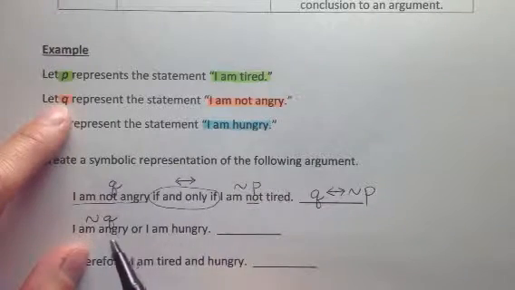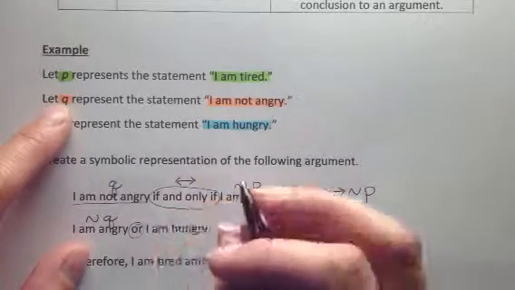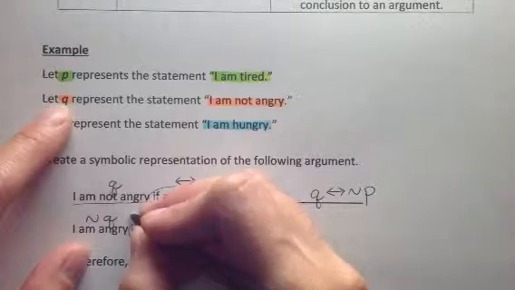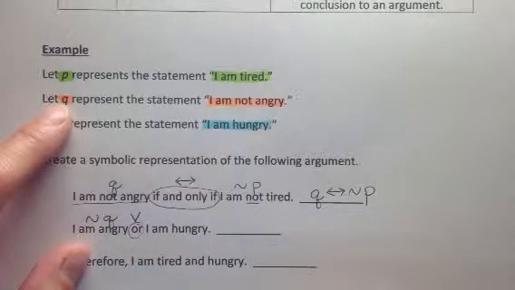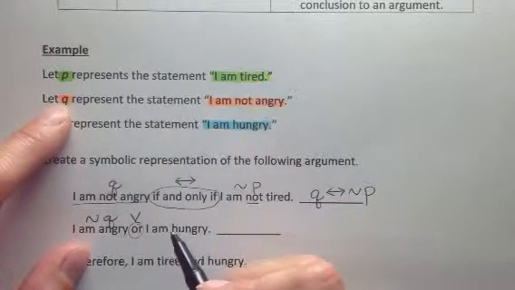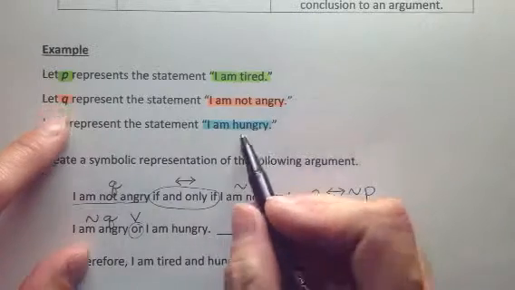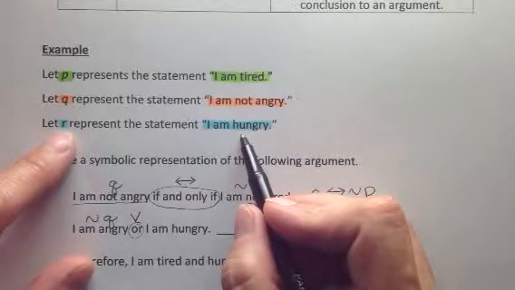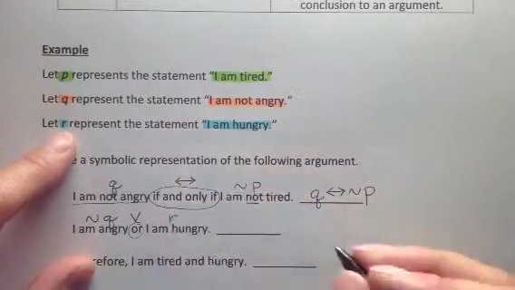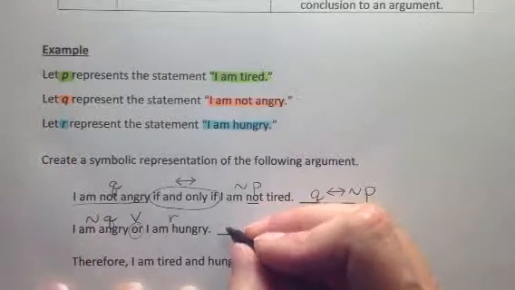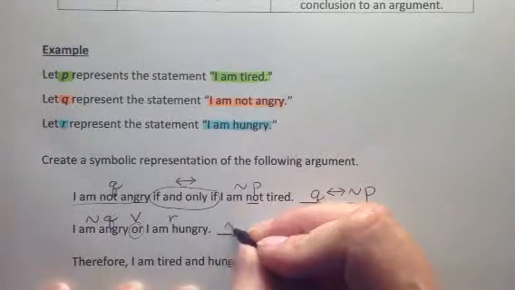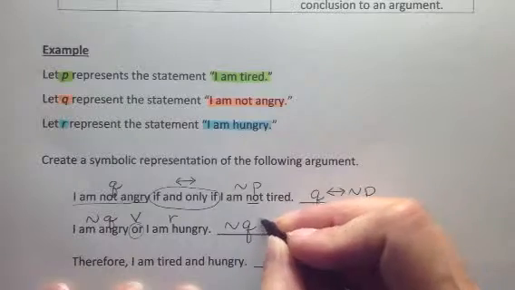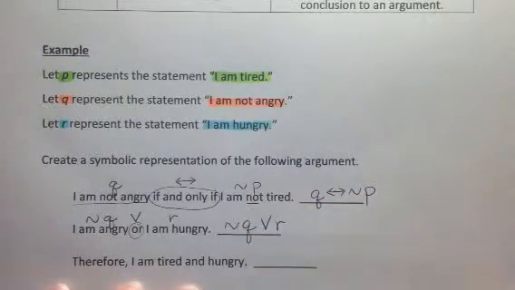This is I am angry. Or that's my union, the one that looks like the U. I am hungry. Okay, I am hungry is word for word R. So this is going to be written as not Q or R.